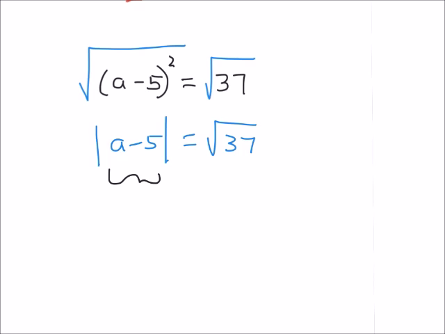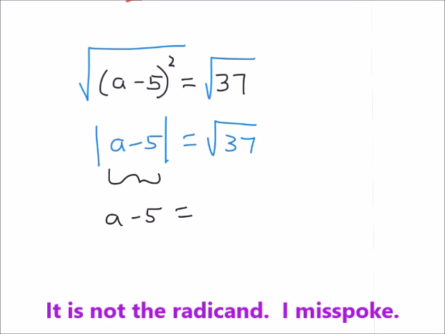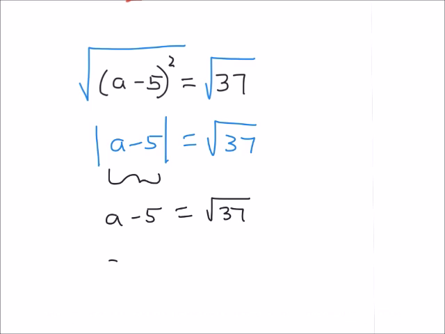Okay, so now we have to deal with figuring out the a, and in order to do that, we pull the inside out of the absolute value. So we have a minus 5, so we take the radicand out, a minus 5 equals the positive of the evaluated value. And we also say a minus 5 equals the negative of the evaluated value. And so now we can solve both of these.